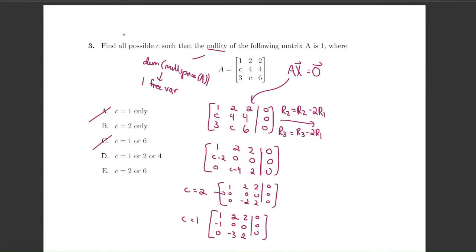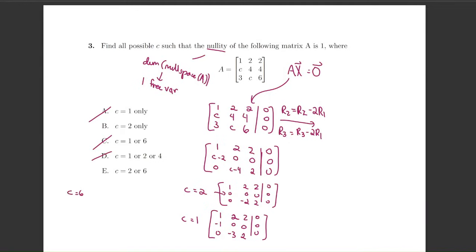These rows are not multiples of each other, or they cannot be written as linear combinations of each other. So c equals 1 is not a case where you'd have a nullity of 1. You would actually have a nullity of 0 because you don't have any rows of zeros, so you have no free variables. So this eliminates D.